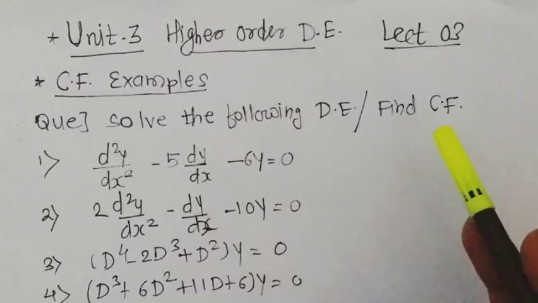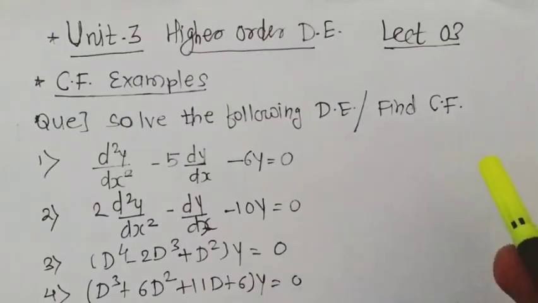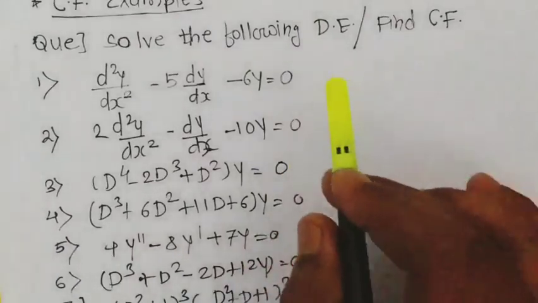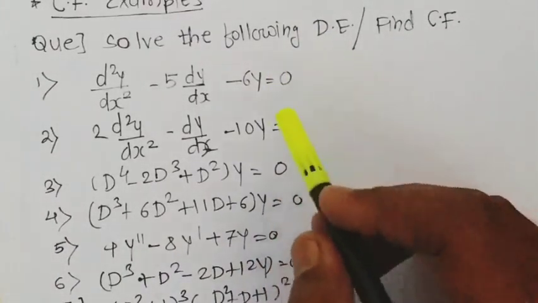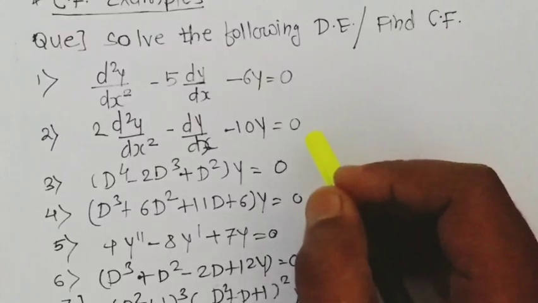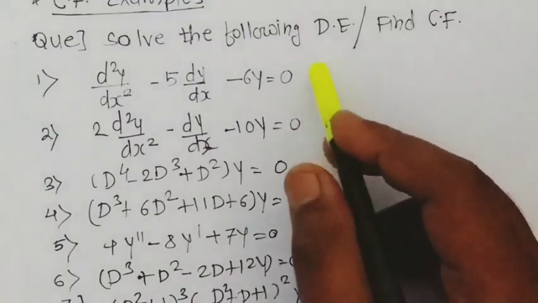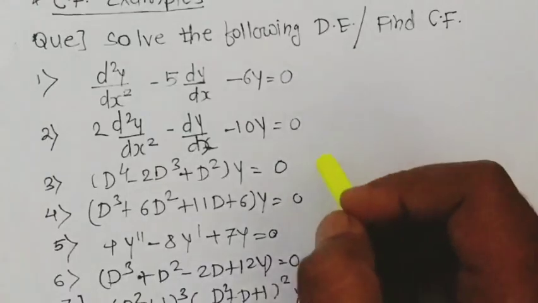Or they may ask you to find the complementary function. And even if they simply say solve the equation, and the given differential equation is homogeneous, we have to calculate the complementary function only. For a homogeneous differential equation we don't have to find the particular integral.